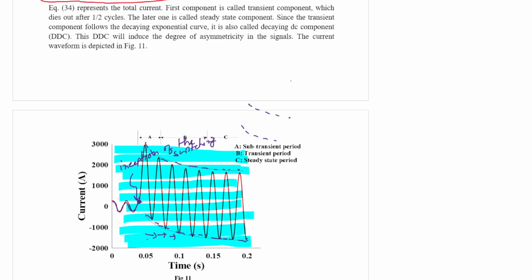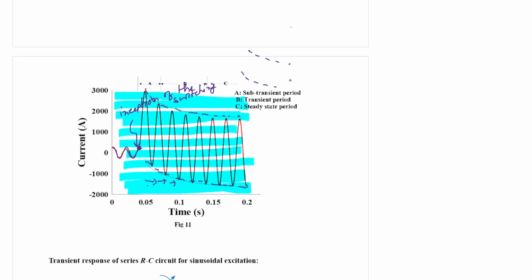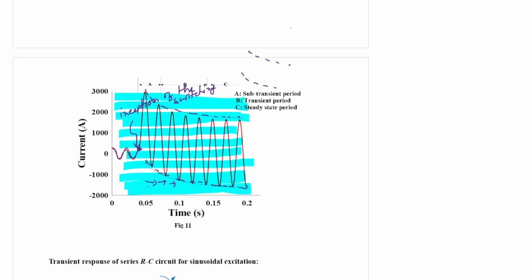When you club them to get the total response, you get this type of response. Initially the disturbance is very dominant, so transient effects are dominant.